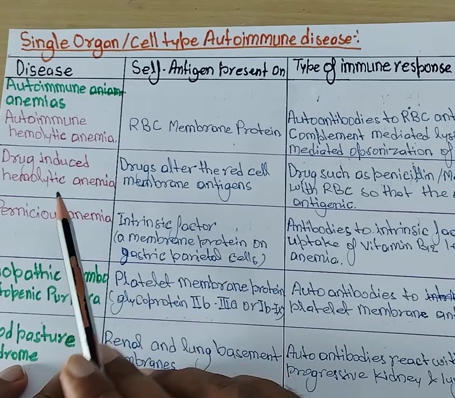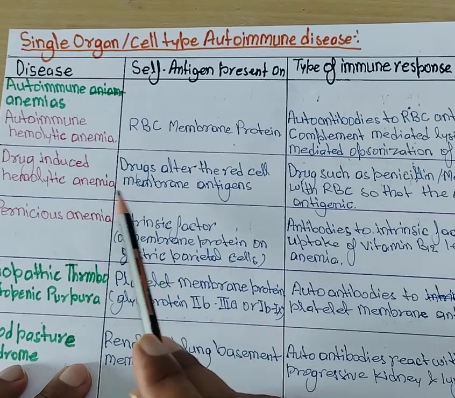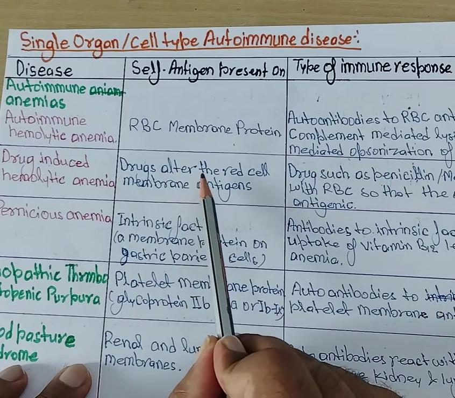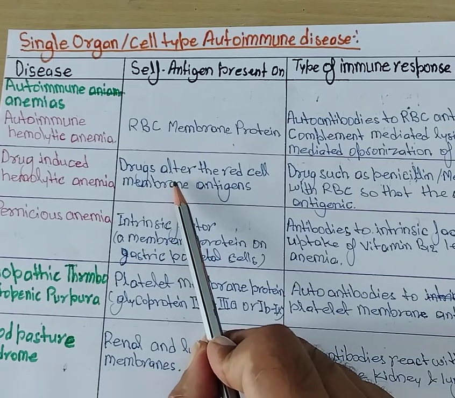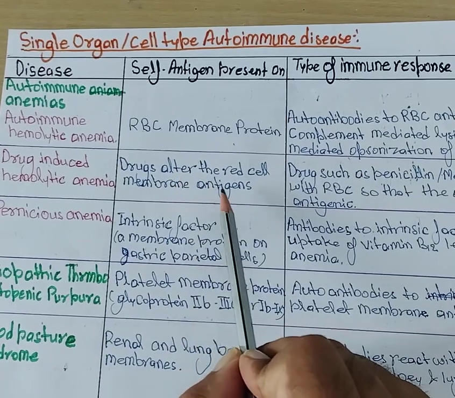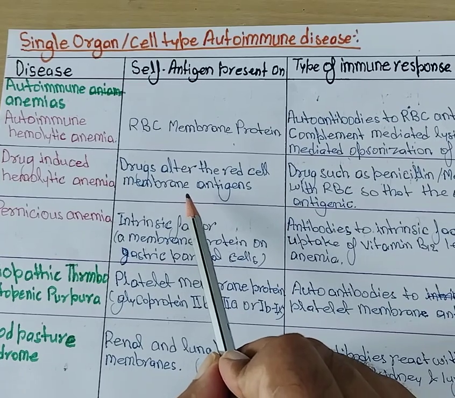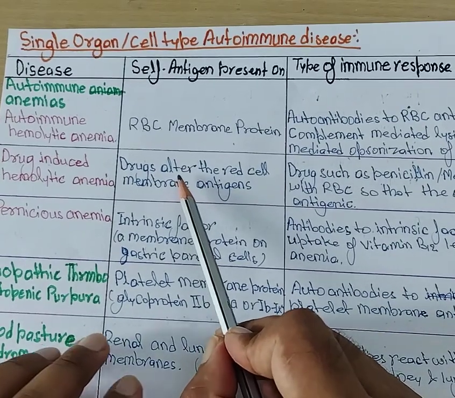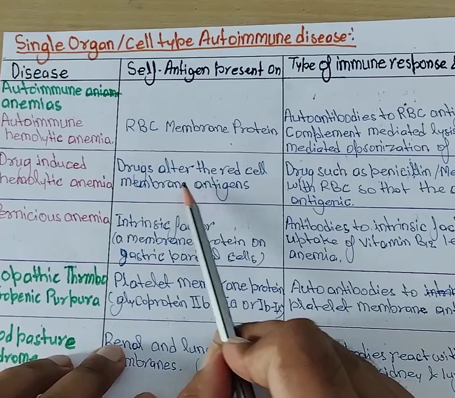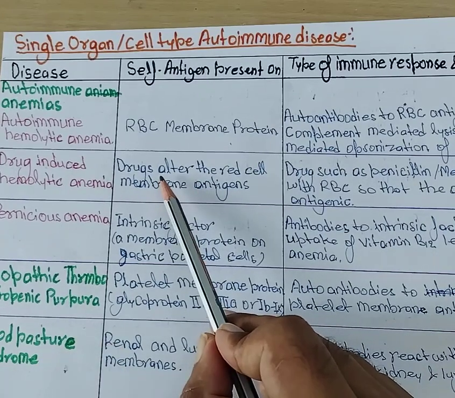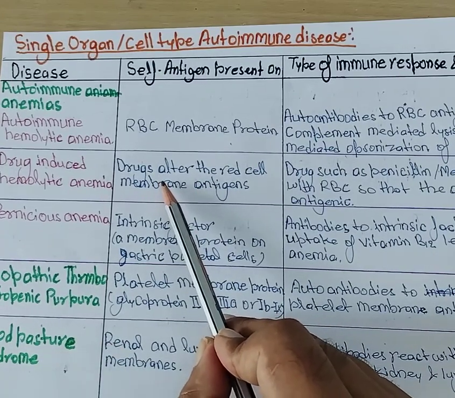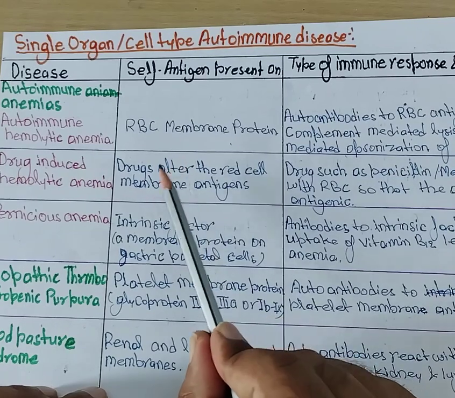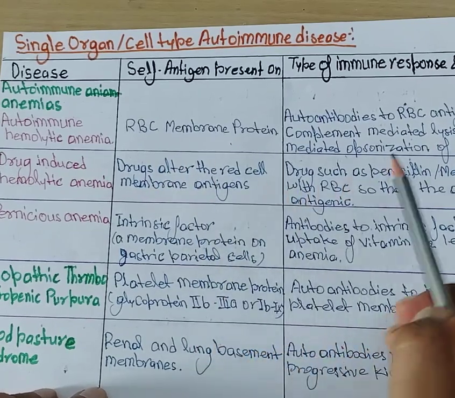Drug-induced hemolytic anemia: here the self-antigen is present on the RBC membrane. As the drug gets attached to the RBC surface, it acts as a self-antigen.